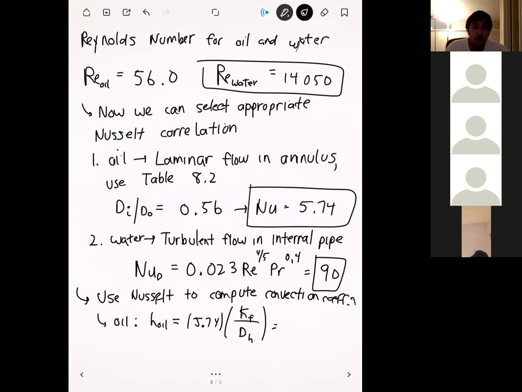Remember, the hydraulic diameter of an annulus is just the difference between the outer diameter and the inner one. If we plug in all the values, we get a convection coefficient of 39.6 watts per meter squared K.